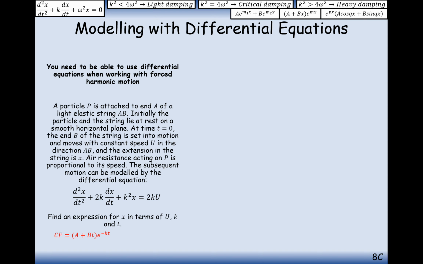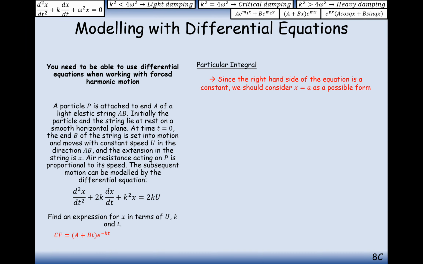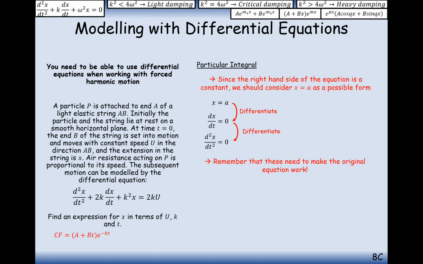Now let's look at the particular integral. The particular integral here is just going to be a constant. Since the right hand side of the equation is a constant, we're just going to use x equals a as a possible form. Differentiate it once, differentiate it again, and we get 0 and 0. So we substitute a into the left hand side where x is, and set it equal to the right hand side.